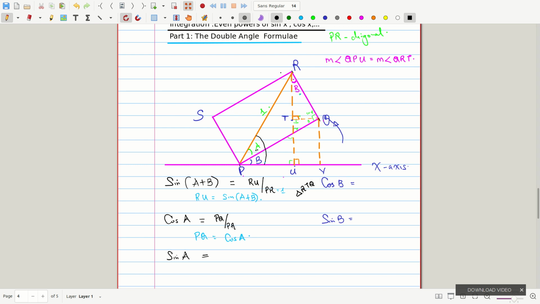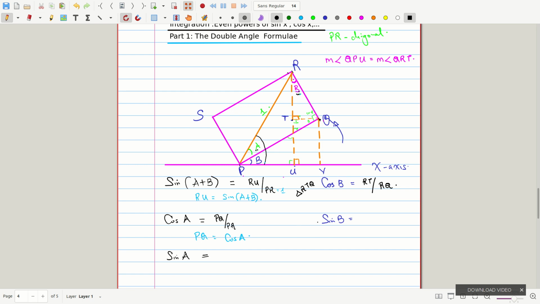In the triangle RTQ, we can write cos B to be given by RT, the side adjacent to this angle B, divided by the hypotenuse, which is RQ.